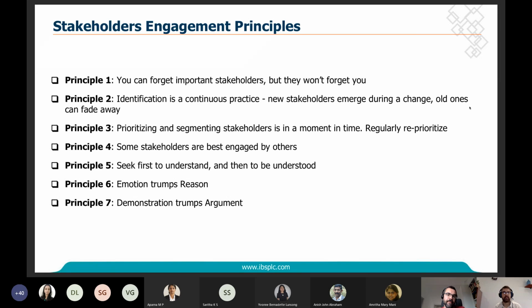The third one is that prioritizing and segmenting stakeholders is a moment in time. That's like a photograph; this is what we're taking at the moment. We should be regularly reprioritizing as time moves on and things change. Fourth, we've just mentioned it, some stakeholders are best engaged by others.